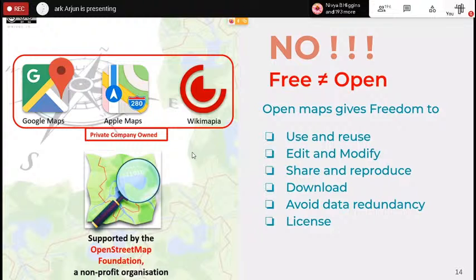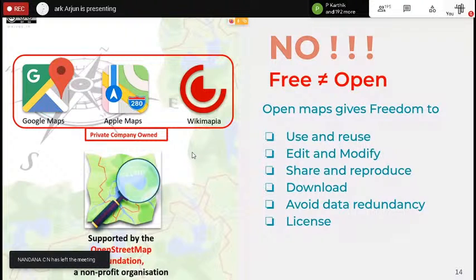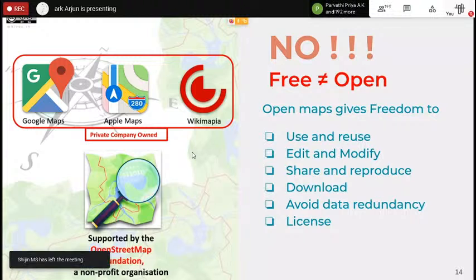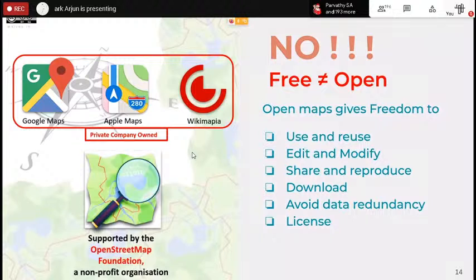No, free never becomes open unless it gives the permission or the power to use and reuse it, edit and modify it, share and reproduce it, download it. Downloading the data will avoid data redundancy, and the license should also be open. You should give the license of open.